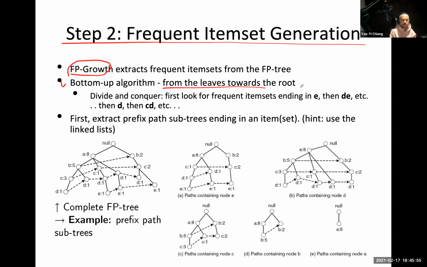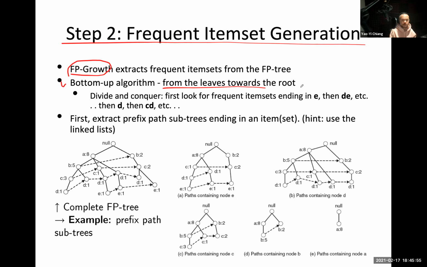So the first step is to extract prefix subtrees ending in an item. For example, let's say this is your FP tree. If we want to start from E, we will extract a tree like this. So look at the difference. It's very simple, right? You just take all the paths that lead to E and ignore all other paths.